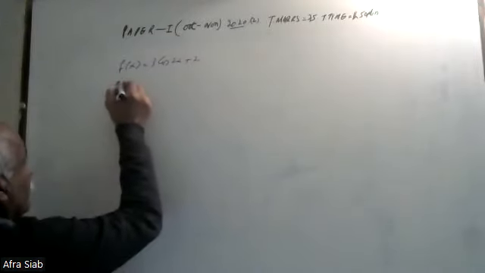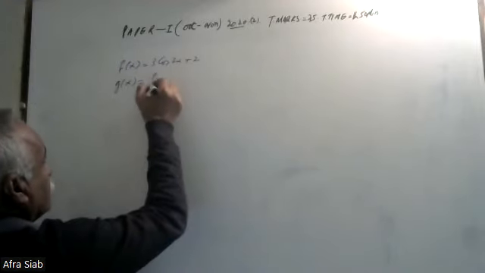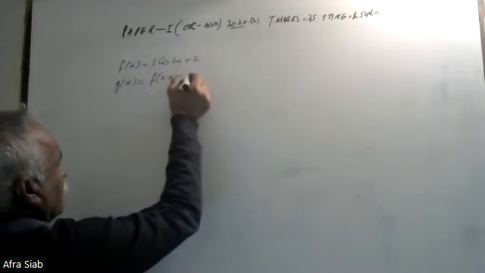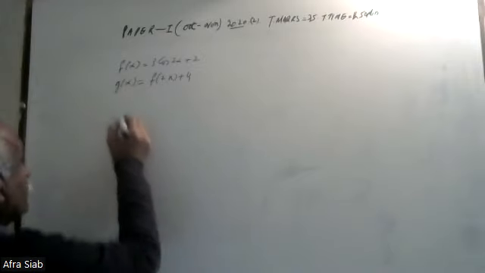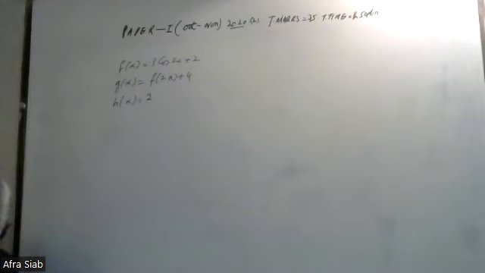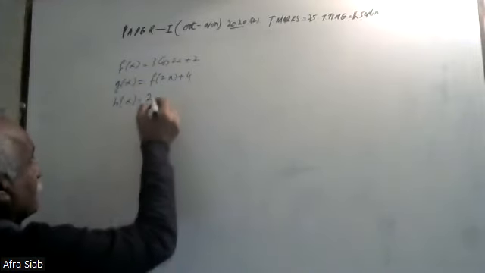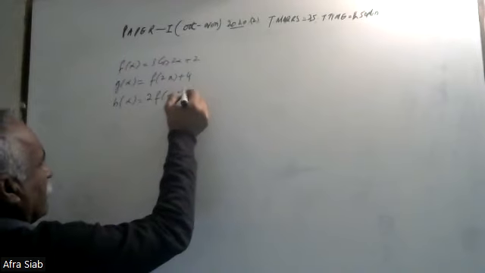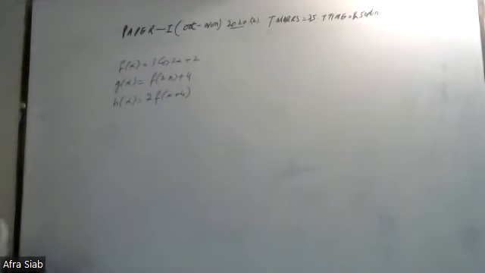G of x is denoted by f of 2x plus 4 and h of x is denoted by twice of f of x plus pi by 2.